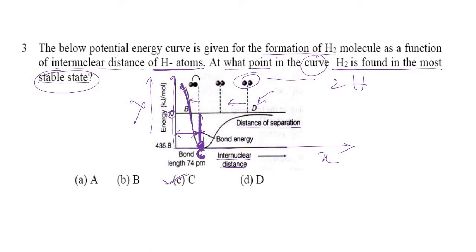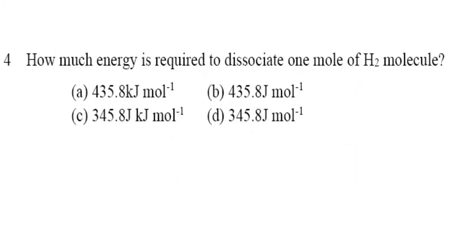And if you see here, how much is the energy liberated? That is 435.8 kilojoules per mole, right? The same question is extrapolated in the next question: how much energy is required to dissociate one molecule of hydrogen? For formation of a hydrogen molecule, the energy liberated is minus 435.8 kilojoules per mole.